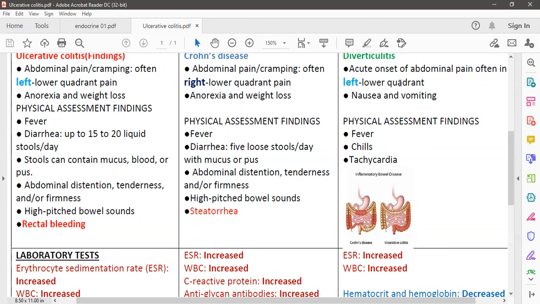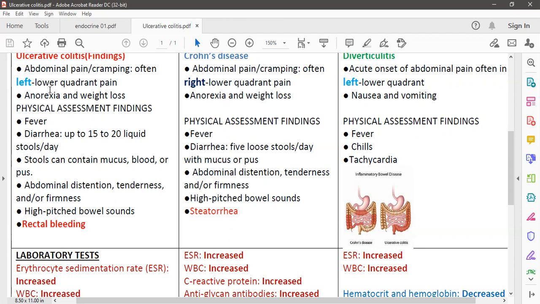Diverticulitis has a left lower quadrant pain. But Crohn disease is a right lower quadrant pain. Why right lower? Because they attack the small intestine, and the terminal portion of the small intestine is basically on the right side. Whereas ulcerative colitis causes inflammation of the colon, especially the rectum. It is the left side. Also diverticulitis, left lower quadrant.